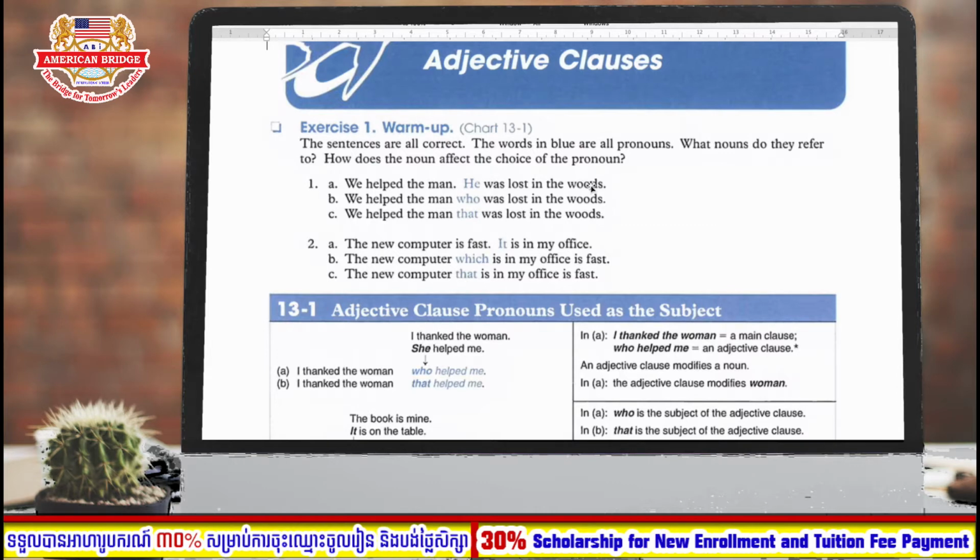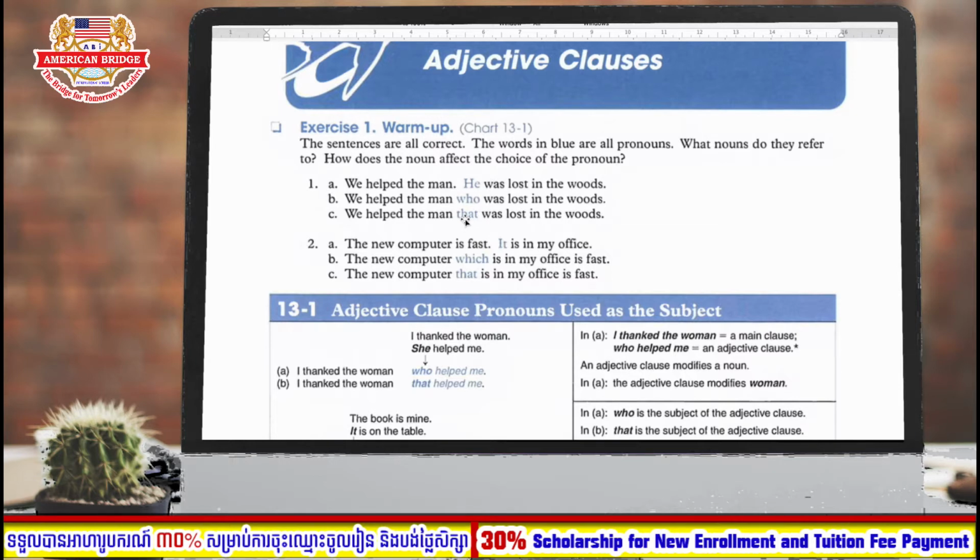As you can see here, by using the subject pronoun he in this situation, this has to be divided into two separate sentences. Letter B, we helped the man who was lost in the wood. And the last one, we have the man that was lost in the wood. For sentences letter B and C, they use who and that as a pronoun.